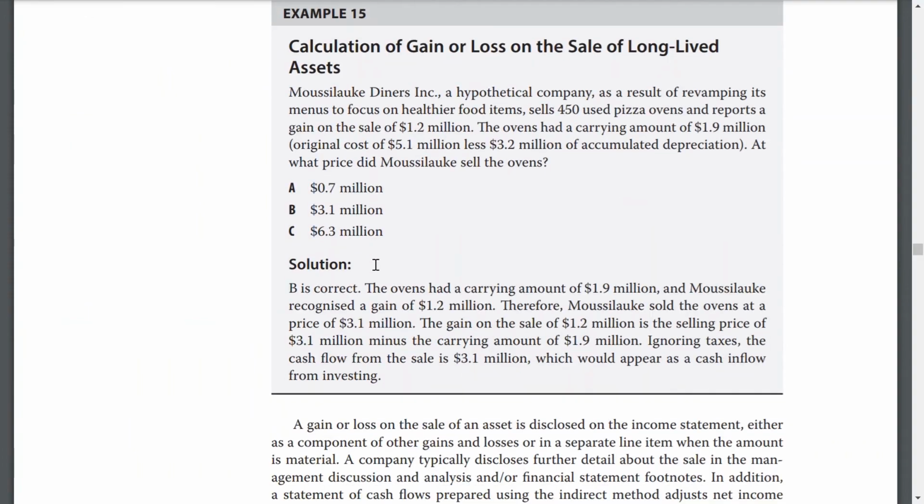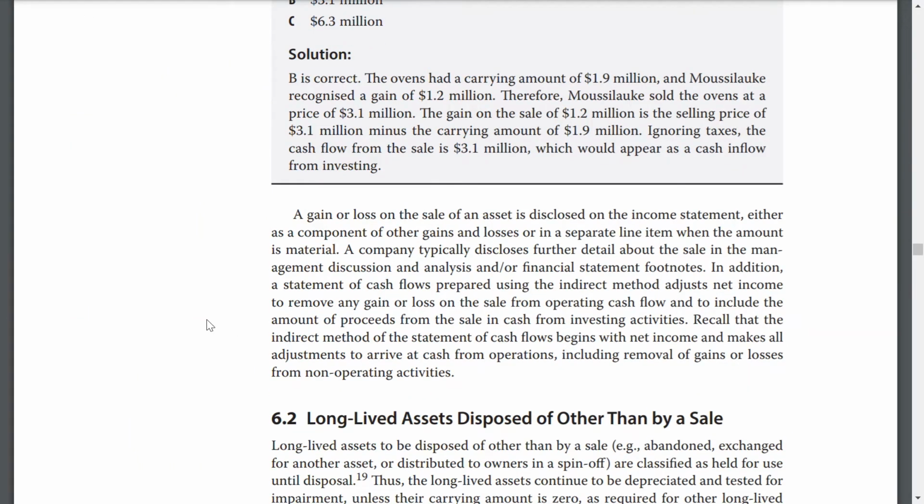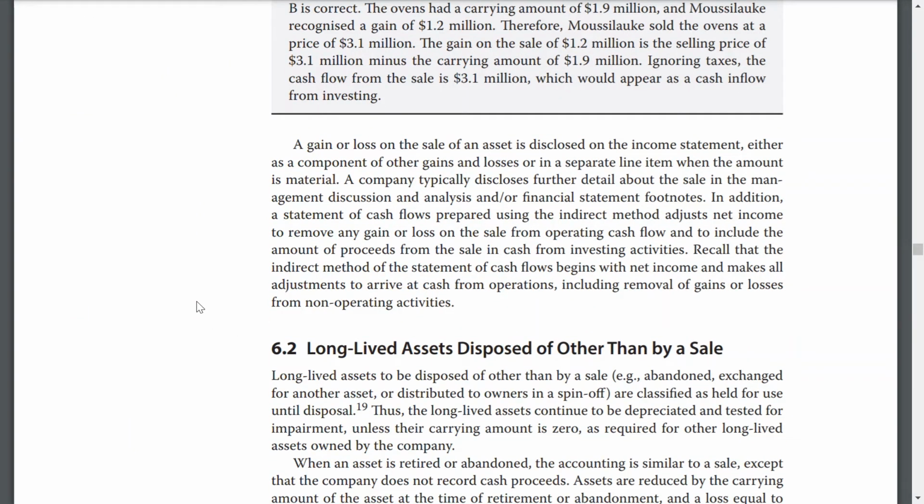A gain or loss on the sale of an asset is disclosed on the income statement, either as a component of other gains and losses or in a separate line item when the amount is material. A company typically discloses further detail about the sale in the management discussion and analysis and in the financial statement footnotes.